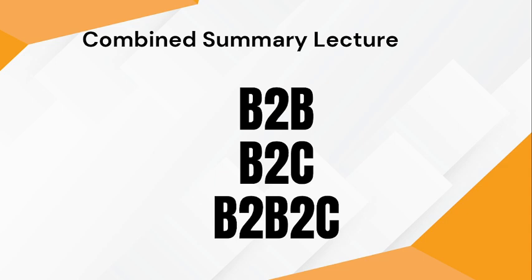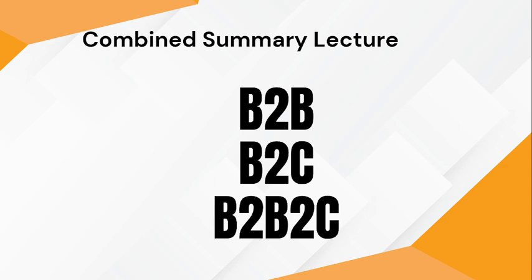So now for the comparison from our lecture. At this stage, it is helpful to briefly compare the three models we have discussed: B2B, B2C, and B2B2C. In the B2B model, transactions occur between businesses. Organizations purchase goods and services to support their operations.